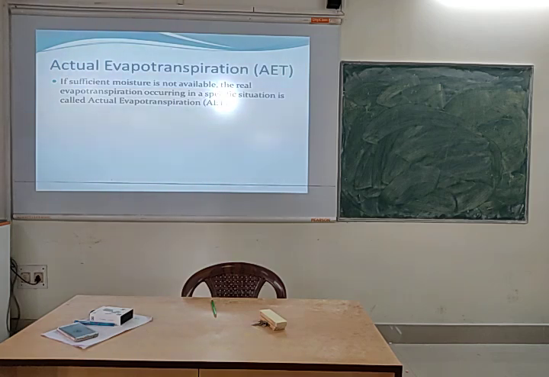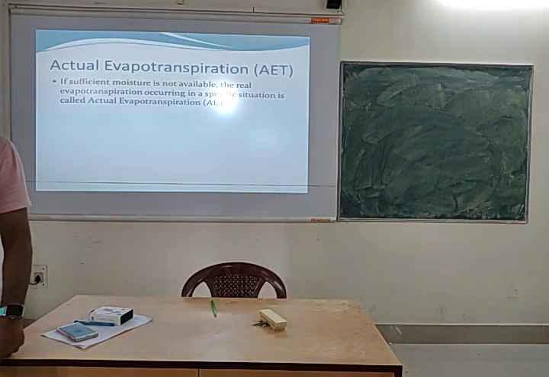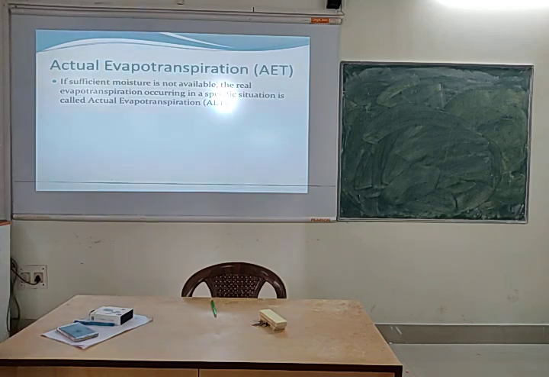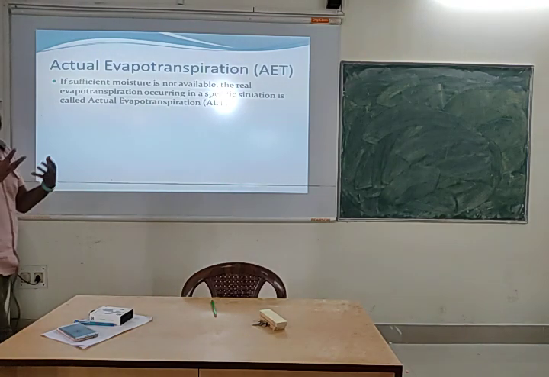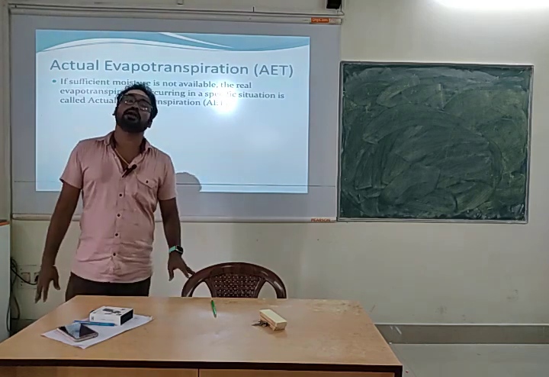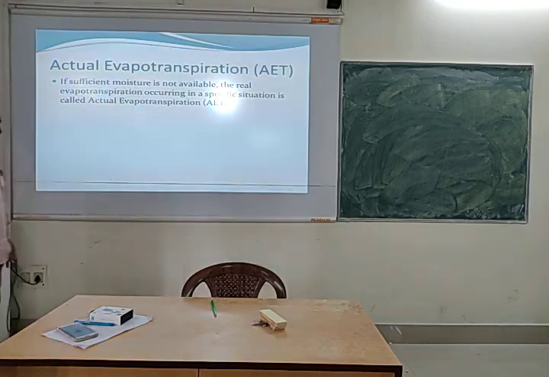If you add more water, it will not have any effect. That maximum is the potential one, but maybe in your field the maximum amount of water is not available for the potential evapotranspiration. The amount of water present is somehow less. In this case, the amount of evapotranspiration occurring in real time is called the actual evapotranspiration, AET.